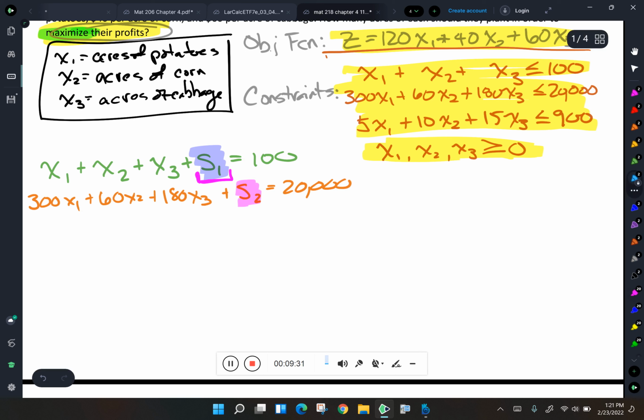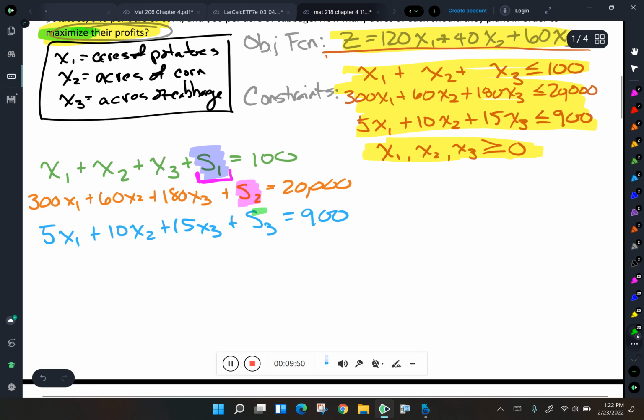Right? Now I think you see where this is going. How about that third inequality? Well, that would give us 5x1 plus 10x2 plus 15x3 plus s sub 3 is equal to 900. And now I've got a third slack variable, and that third slack variable, s sub 3, since it's in the taxes equation, would represent any money that we didn't spend on taxes.